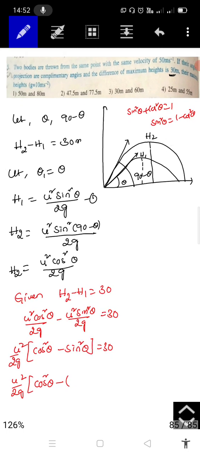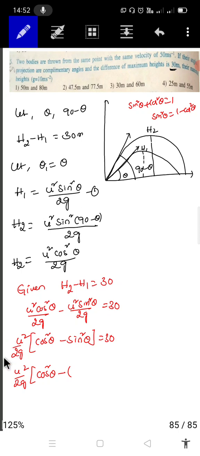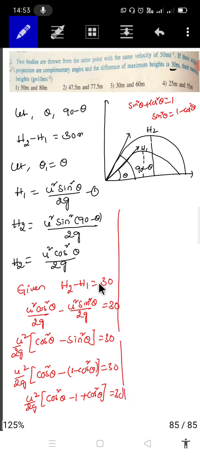So u square by 2g into cos square theta minus 1 plus cos square theta, that is u square by 2g into 2 cos square theta minus 1, equal to 30.